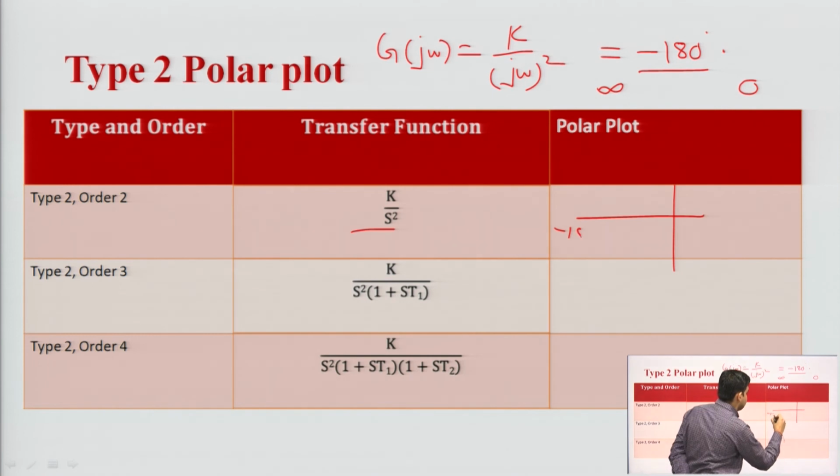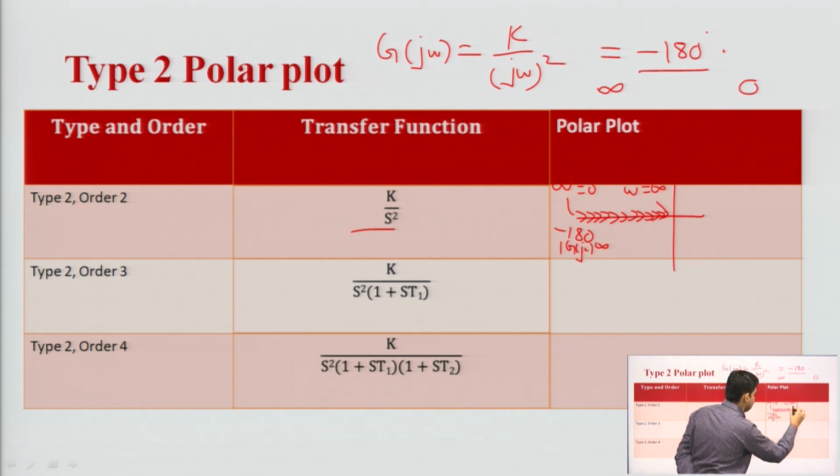Then my plot starts from minus 180 with magnitude of infinity, and as I move omega to infinity, it will terminate at 0. So, this is omega equal to 0, this is omega equal to infinity. Here the mod of G(j omega) is infinite, here the mod of G(j omega) is 0.